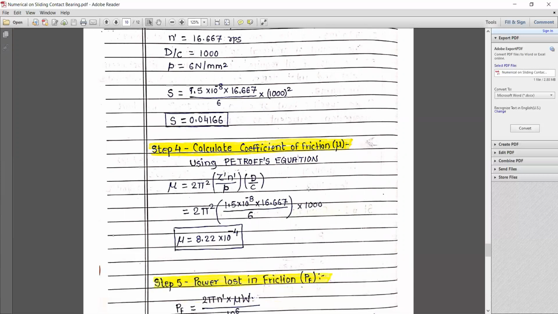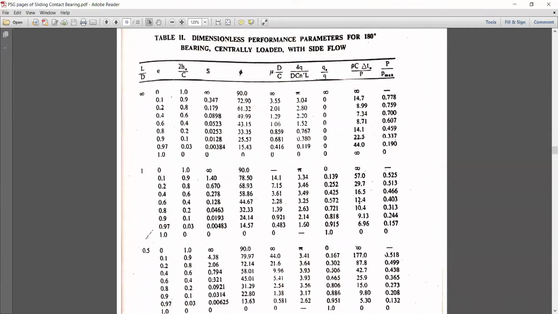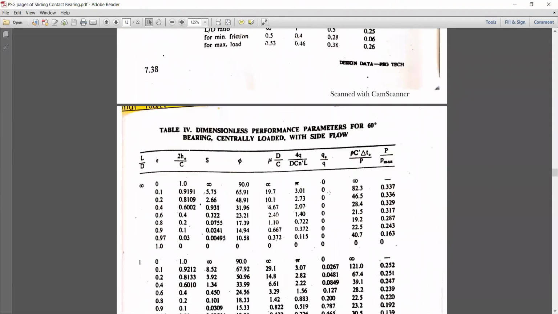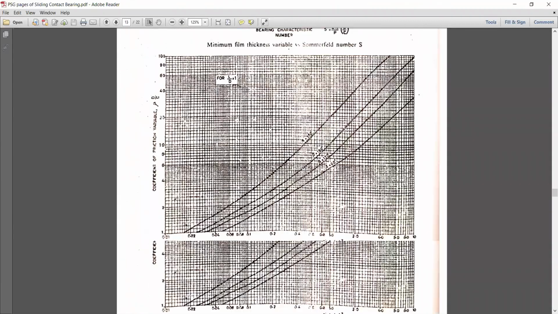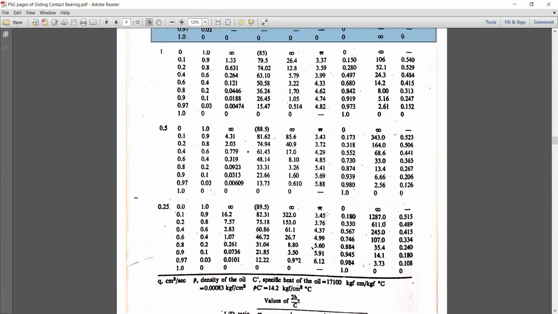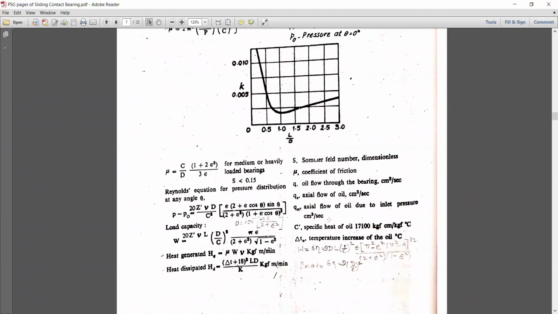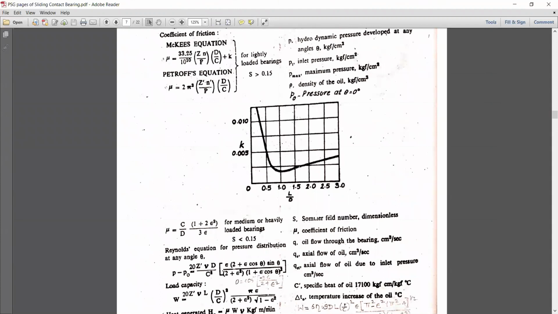Now to calculate the value of mu, you can use Petrov's equation. As we already discussed, Petrov was the first scientist who conducted lots of experiments on the coefficient of friction. That equation is given in PSG, page number 7.34.